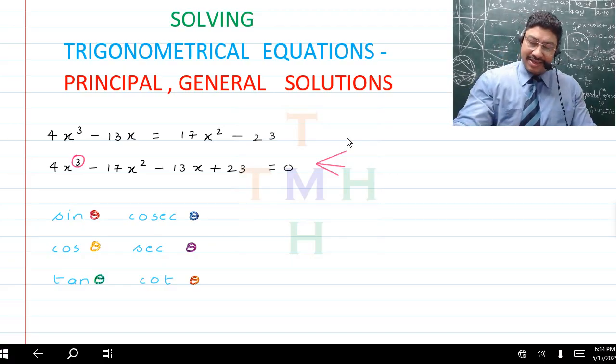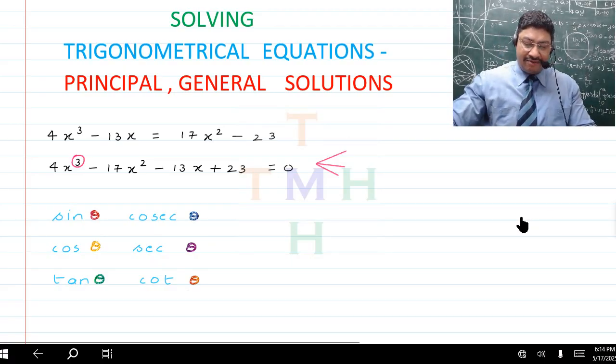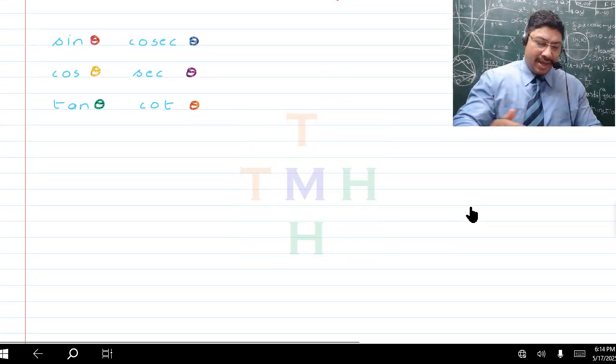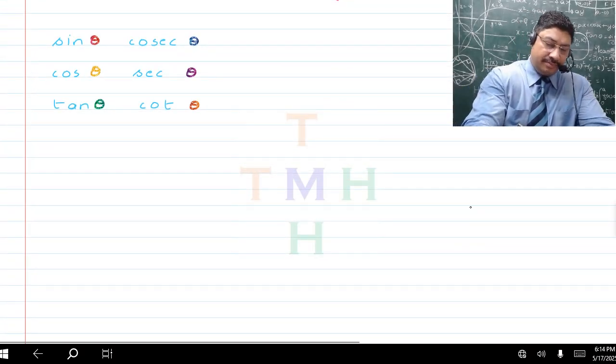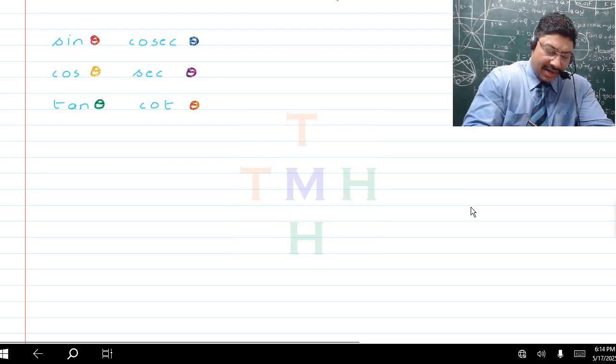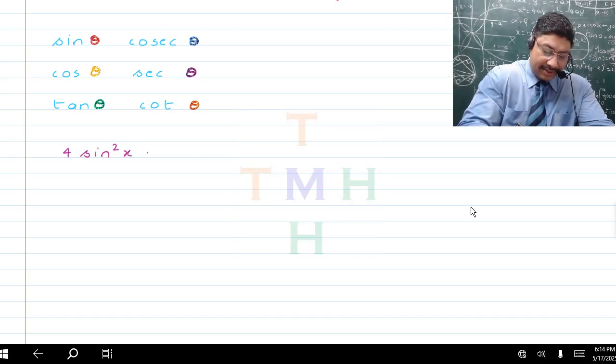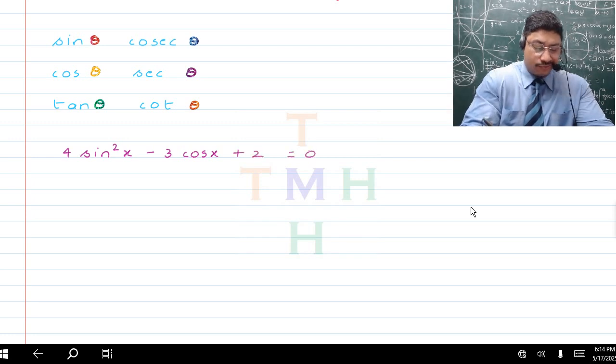For that matter, let us consider that we now have a trigonometric equation where, let's say, we have something like 4 sine square x minus 3 cos x plus 2, which is equal to 0.